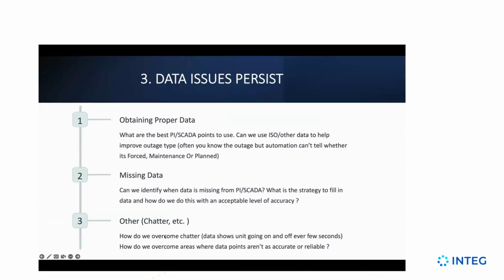Last thing I'll talk about is the chatter. We see this sporadically in clients. I am pretty much 99% sure you're going to encounter this. This is where you see a unit go on and off every few seconds. The way to handle this, similar to the missing data, is to find where it starts.